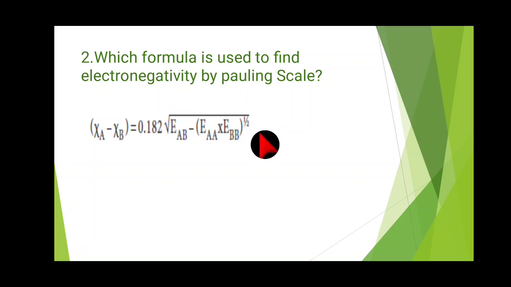Here, EAB, EAA, EBB are the bond dissociation energies of AB, A2 and B2, right? So E means bond dissociation energy. For breaking the bond, how much energy is required? That is called bond dissociation energy. Here, the A atom may be the electronegative atom, and B is considered as hydrogen.